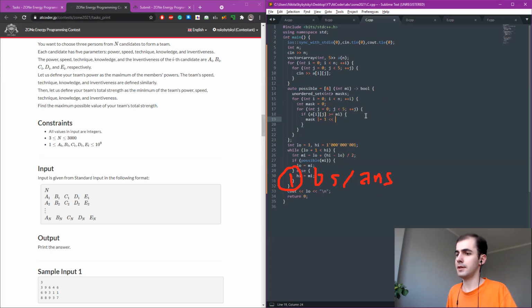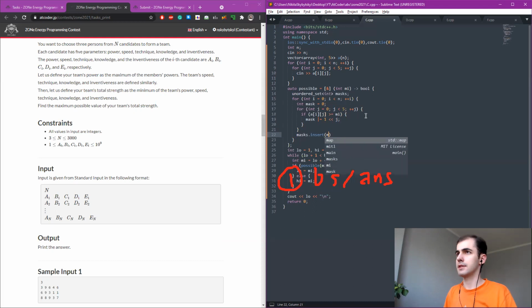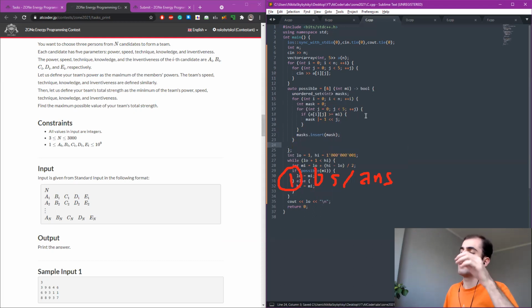We set j's bit. As simple as it gets. Masks insert, I believe. Oh. Okay, so now we have all masks. What we want to check is that there are three masks such that their bitwise OR is a full mask. Right?